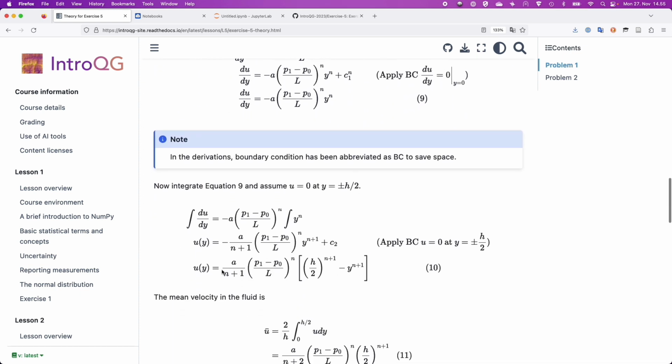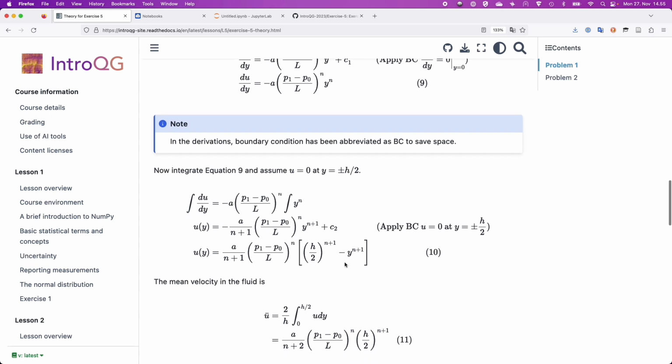It's the same velocity relationship that you had before, but now it has a pressure gradient to some power n, and some of these other terms are raised to the power n plus 1. So you're going to be working with equation number 10, I think, in the first part of the exercise.